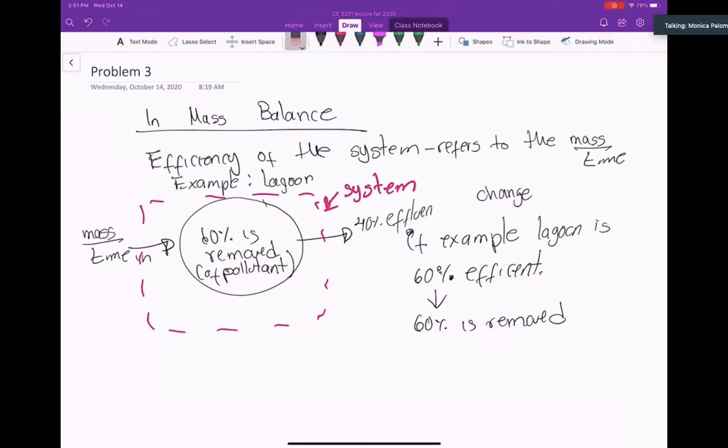And let me put it complete in here: 40% of the pollutant, the pounds per day or the kilograms per day, 40% of the mass rate, exit the system. I'm going to remove this to make sure that it's clear.